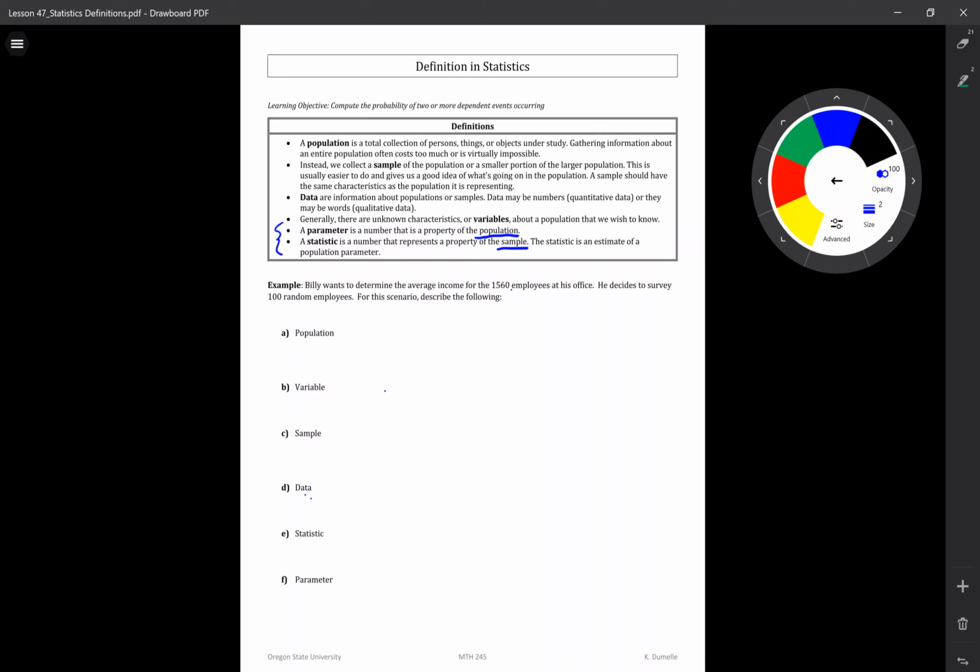So in this case, the population is the 1,560 employees at his office. That is the whole population, but I don't think Billy has time to go through every single one of these, so he decides to survey 100 random employees.